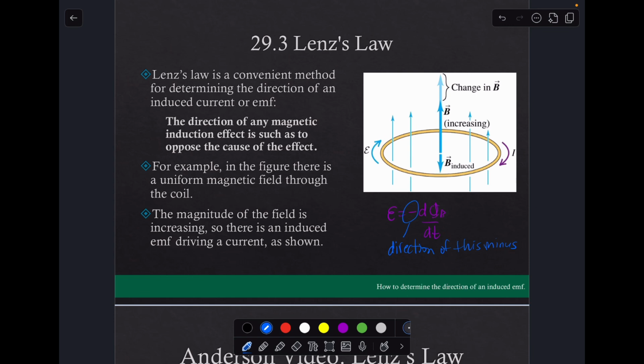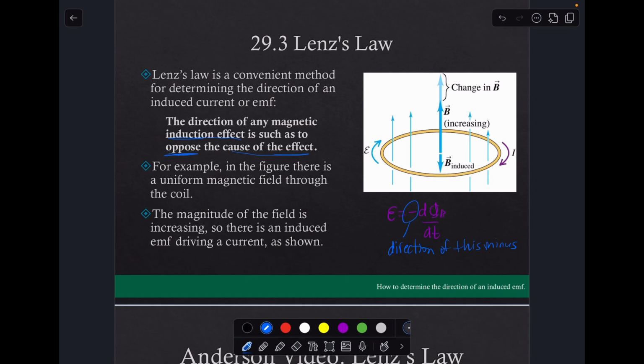The negative direction is this: it's opposing the cause of the induction effect. So it's opposing the cause of the change in flux. That is going to be the direction of the induced EMF.